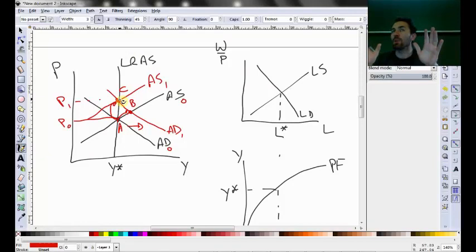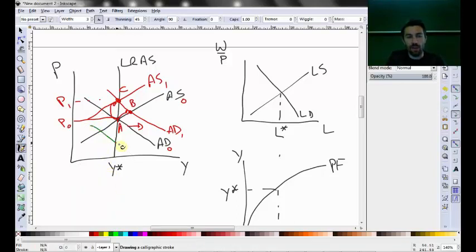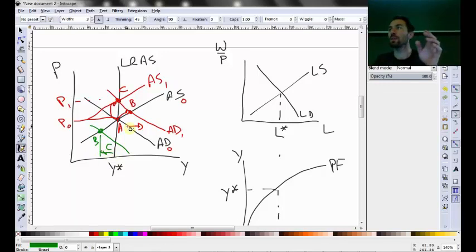So any unemployment you have, for example, let's say that instead aggregate demand shifted to the left, the movement from A to B would be temporary, and then from B to C. So any unemployment in the classical story is temporary. It's not going to last very long. Don't worry about it. That's the classical story.